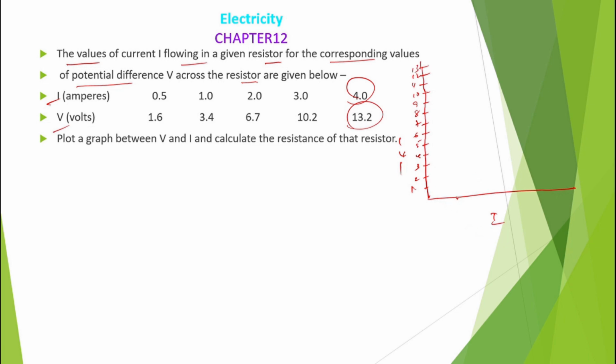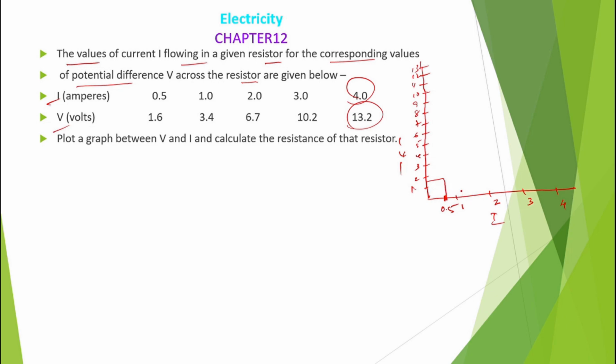And here it is 1, 2, 3, 4. Okay. So he has given 0.5. This is 0.5, and this is 1, this is 2, this is 3, this is 4.